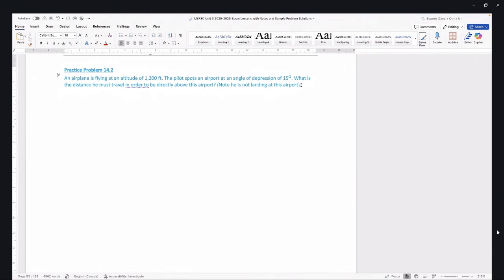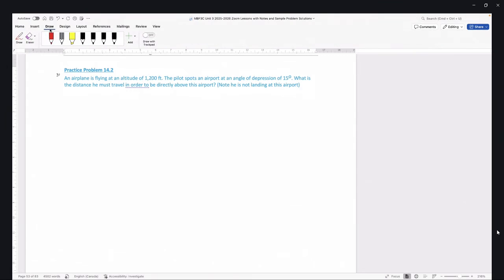So we're looking at a problem. So let's draw a diagram. And again, this is going to be the most important part, drawing a diagram and making sure that it's fairly accurate.